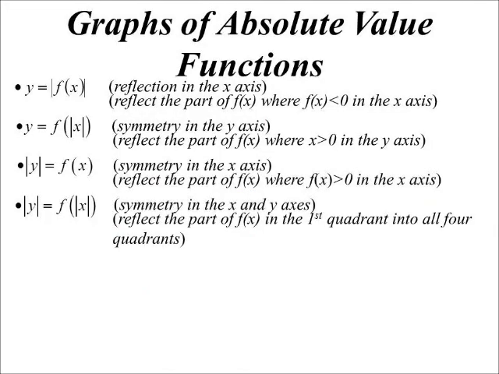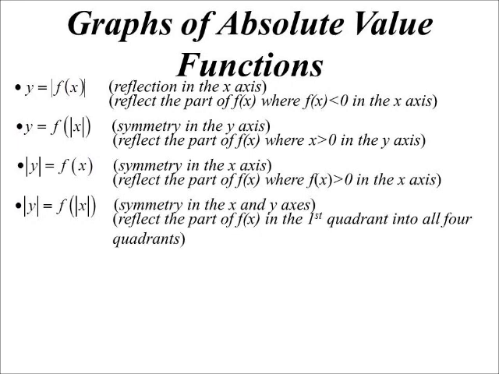Well, what the heck, let's absolute value both of them. So absolute value of y is equal to function absolute value of x. We could do it through a combination of the second and the third one. If I did y equals function absolute value of x first, and then do the absolute value of y of my new one. So it's going to have symmetry in both the x and the y axis.